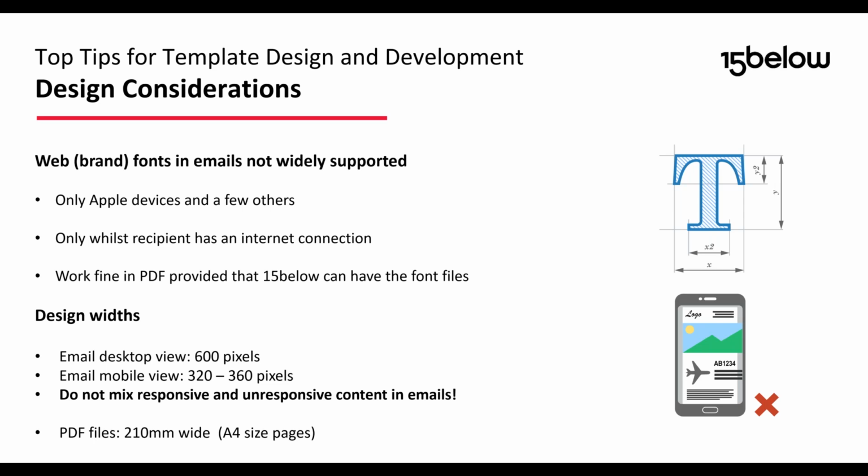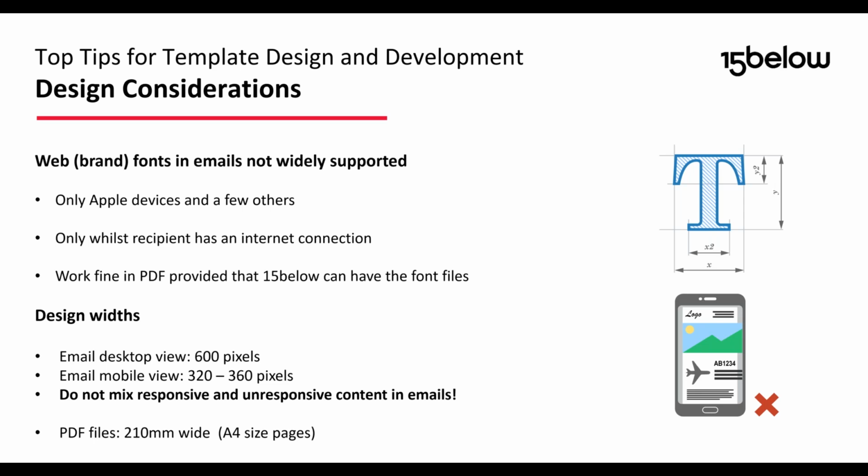I wanted to talk a little bit about design widths of emails as well, and PDF. When we're working in-house on a design, we prefer to work to specific widths, and so for desktop emails, 600 pixels is ideal because it fits comfortably within a preview window on an email client.